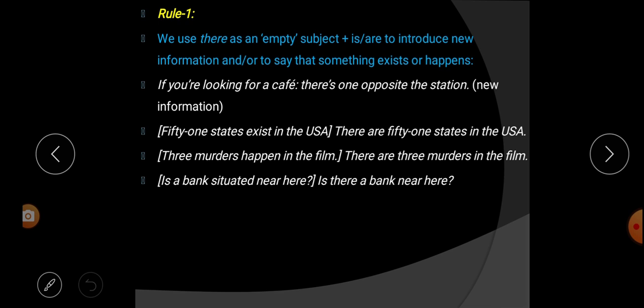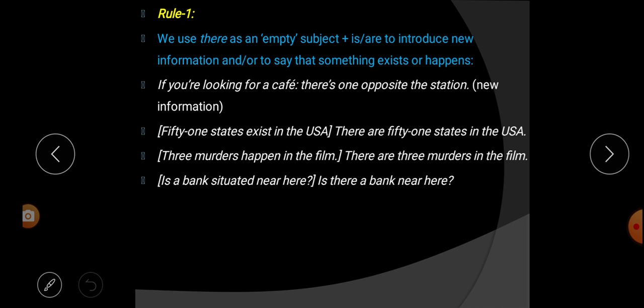Rule number 1 is that we use there as an empty subject plus is or are. First of all, we use there as an empty subject, plus we have to add the helping verb is or are for introducing what? Introducing new information or to say something exists or happens.